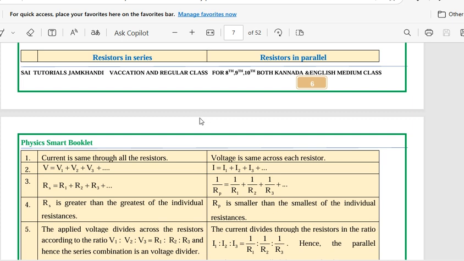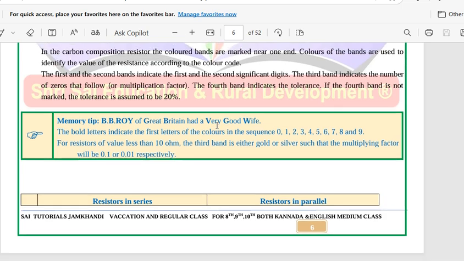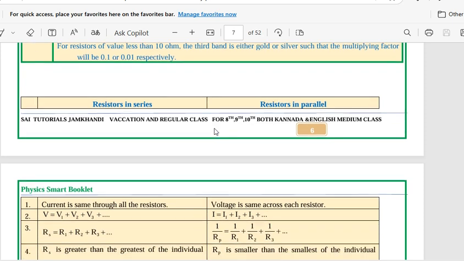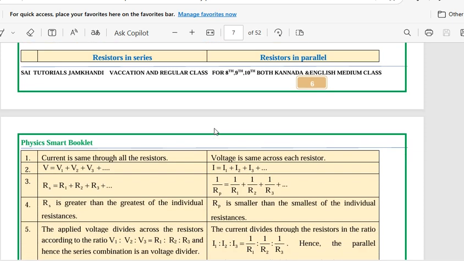So that's why I will discuss only the concepts which are related to your syllabus.